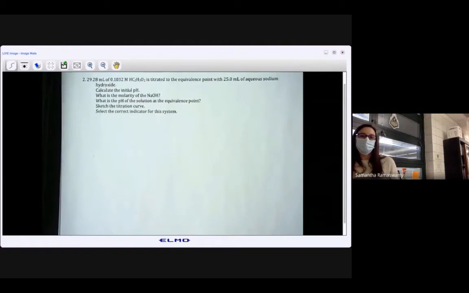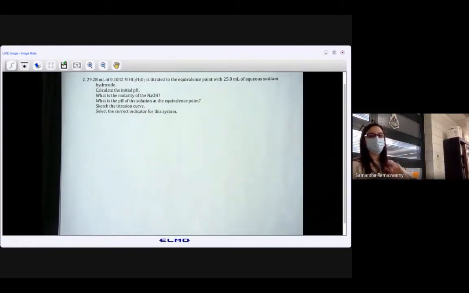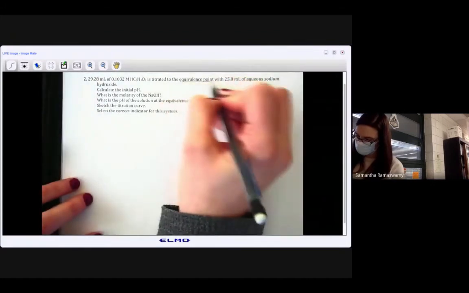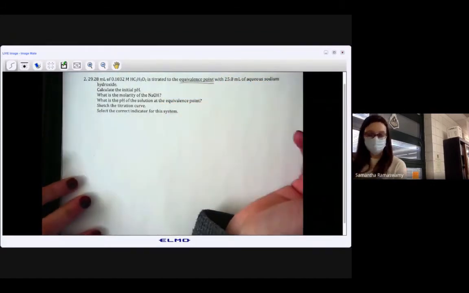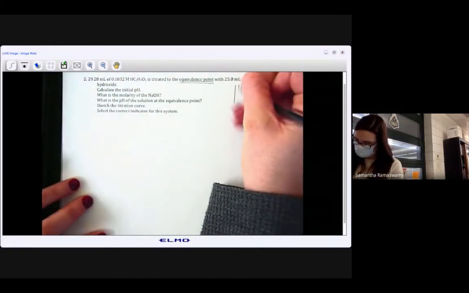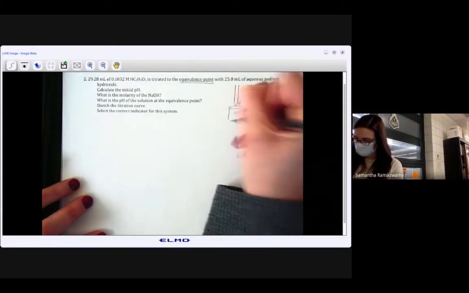So number 2 says 29.28 milliliters of 0.1032 molar acetic acid is titrated to the equivalence point with 25 milliliters of aqueous sodium hydroxide. So now we know these are the amounts that are needed to reach the equivalence point. So I have my burette and I have my beaker.